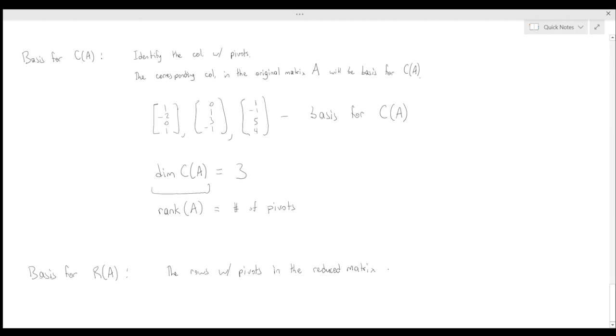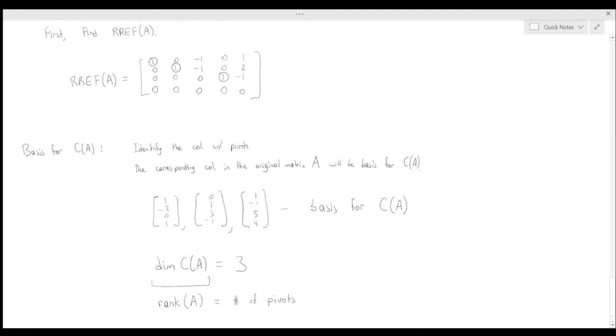And these rows with pivots in the reduced matrix will form a basis for the row space of A. Okay. So in this example, we had these first 3 rows in the reduced matrix that had the pivots in them.